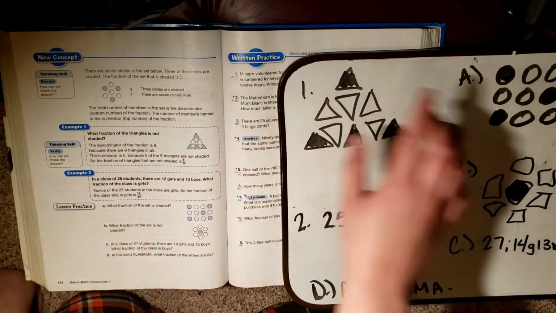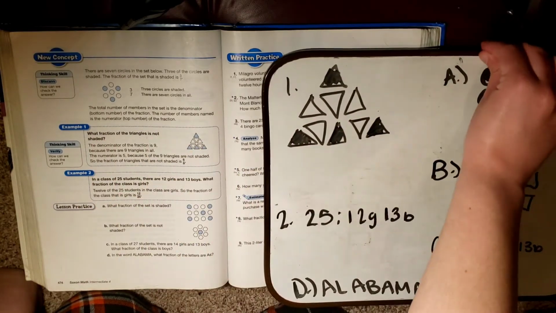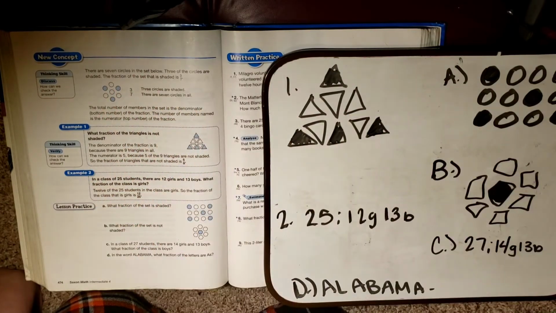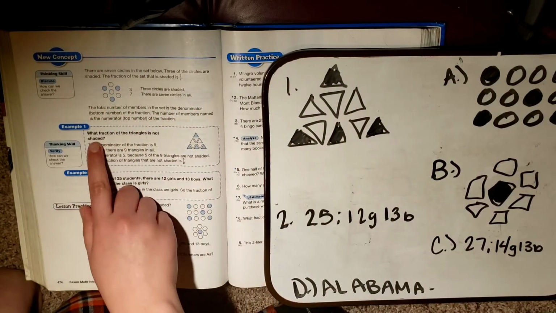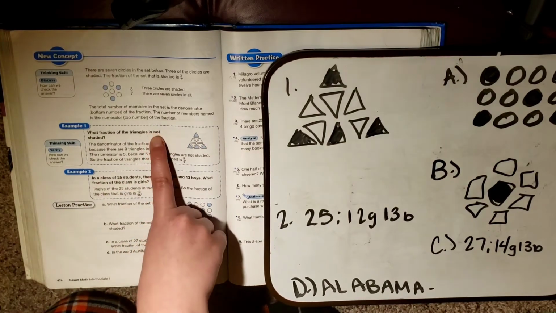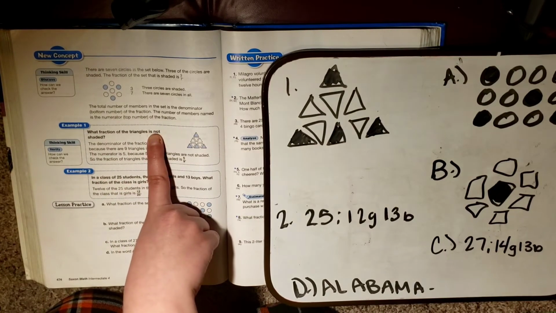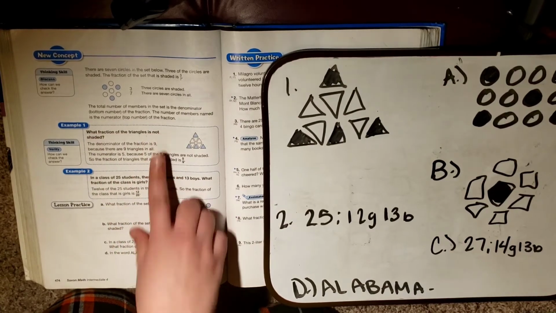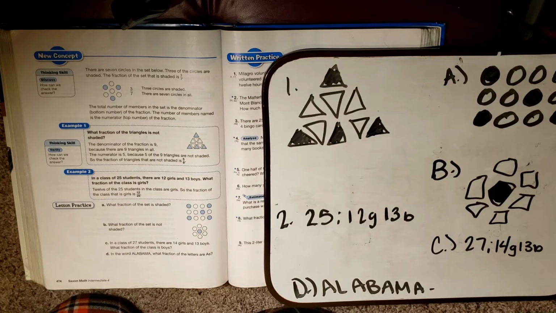Now, example 1, which I have all set here for examples and lesson practice. This says what fraction of the triangle is not shaded. With these ones we have to be careful whether it asks what is shaded or what is not shaded. So let's count how many there are all together.